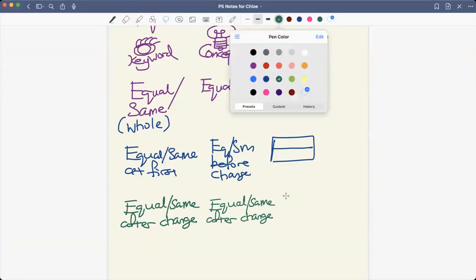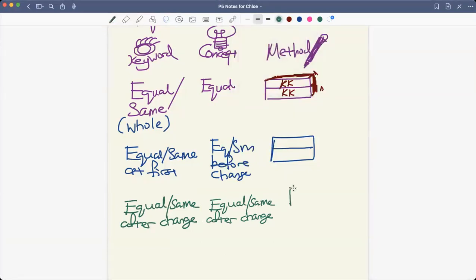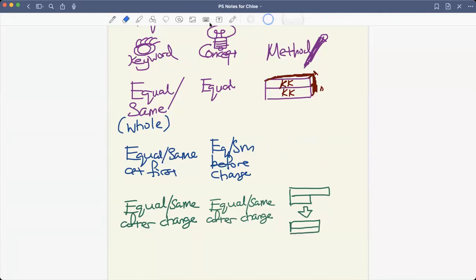So what you can draw is you can draw them first, then after that you make them the same. So for this one, it's the reverse.